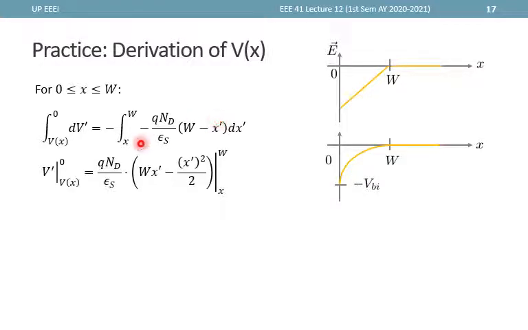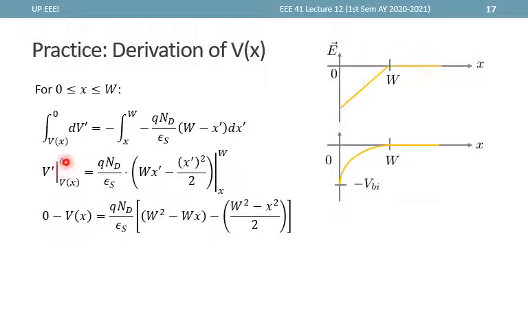Proceeding with the integral, we'll get here V prime, evaluated from 0 to V of x. We cancel the negative sign, and we end up using this constant right here, qN_D over epsilon_s. Integral of W is Wx prime. The integral of x prime is x prime squared over 2, and we evaluate this from W to x.